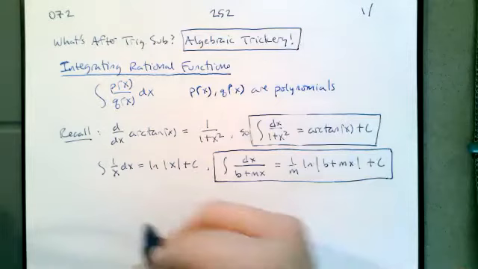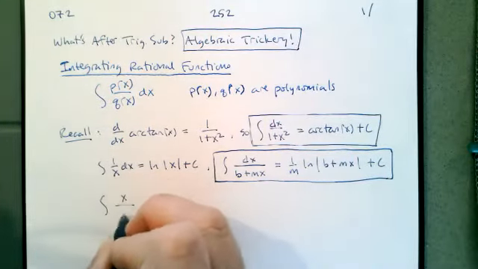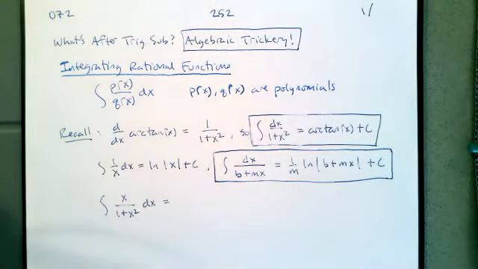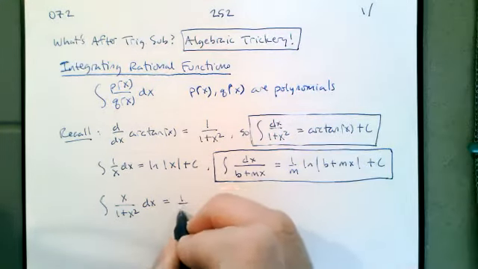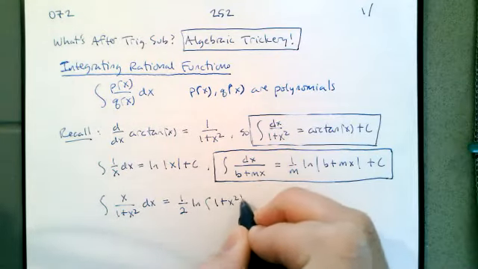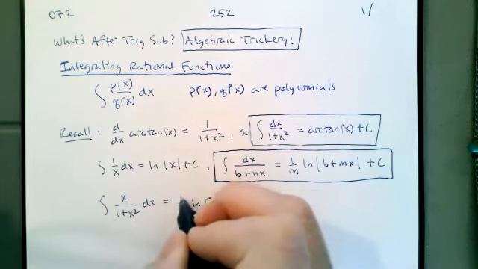So if we have the integral of x over 1 plus x squared dx, this is a substitution problem where w equals 1 plus x squared. So we're going to have a 1/2 natural log of 1 plus x squared plus c. So we can get there by substitution.